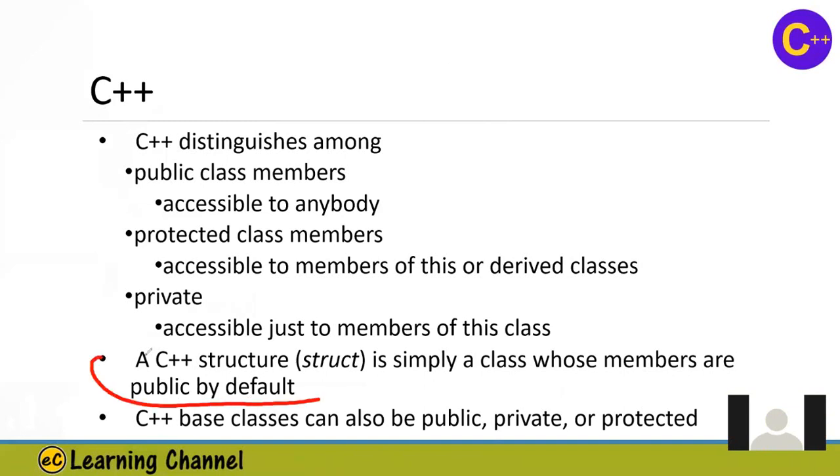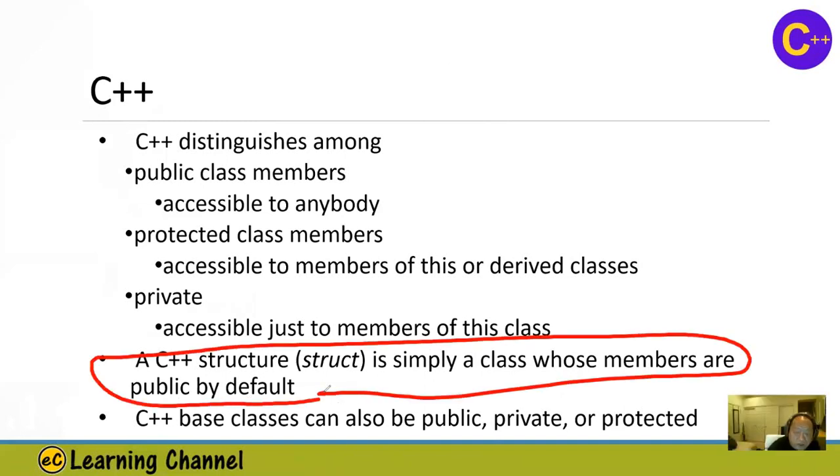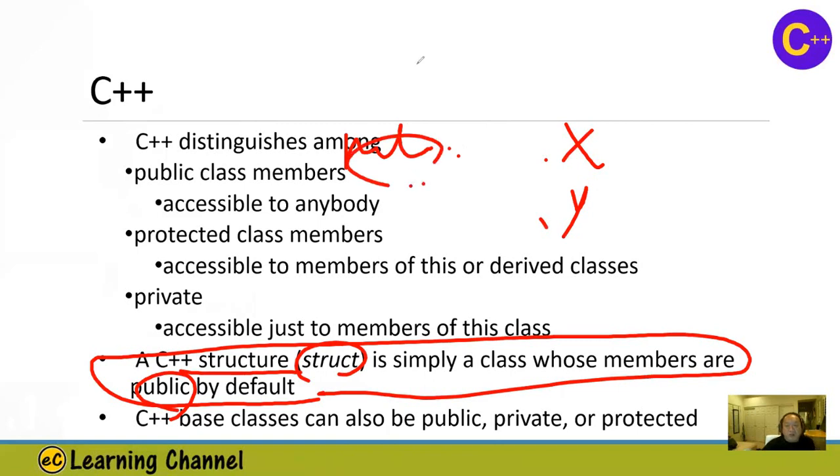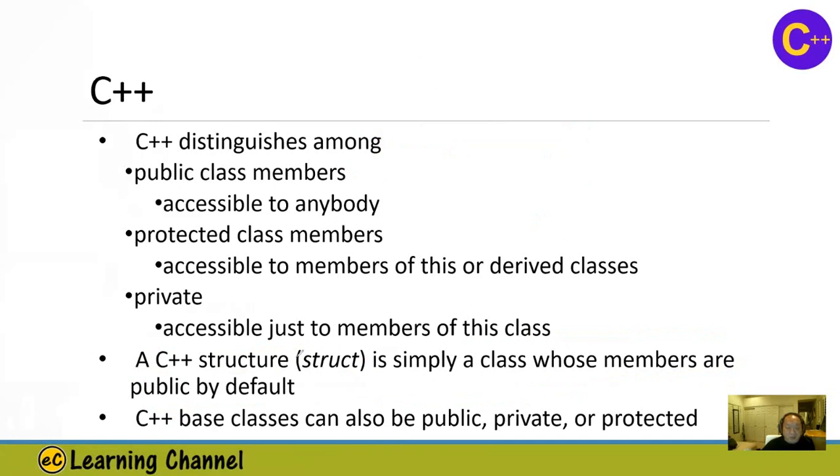So a structure is something you can always access with .x, .y, right? It is public by default, so there is no public section or private section. That's the only difference between a structure and a class. Other than that, they are the same thing. And a C++ base class can be public, private, or protected.